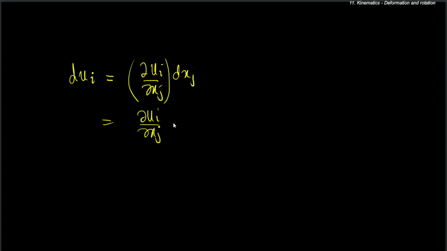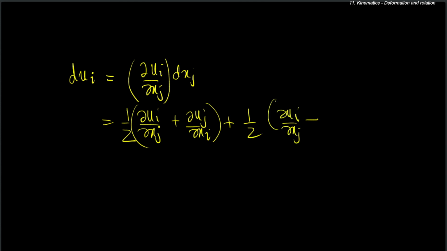Therefore, what we had originally written, the du was essentially del ui del xj dxj, and we had written this velocity gradient tensor in the form half of del ui del xj plus del uj del xi, plus half of del ui del xj minus del uj del xi, and this entire thing dot dxj.